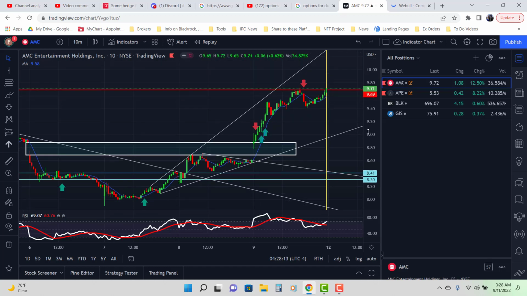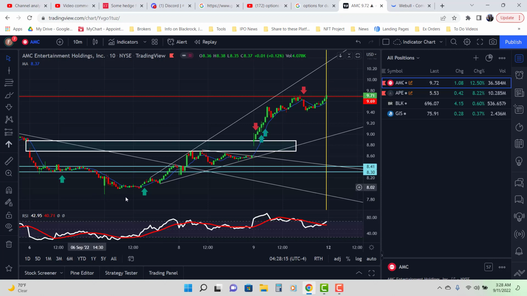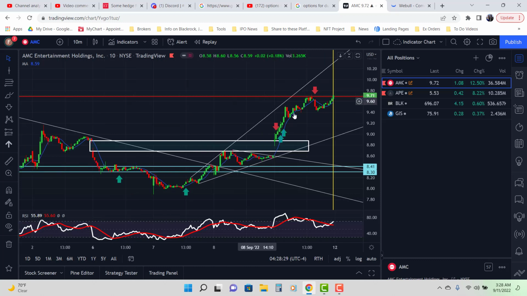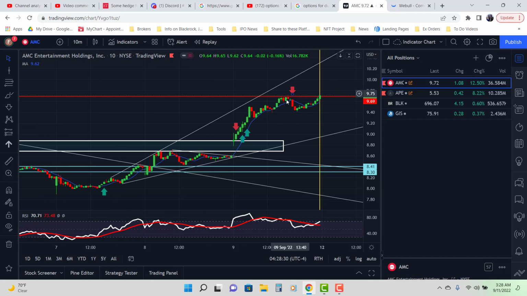So for last week, I had these two options, sold them right here, got back in at a higher strike price, which means it was cheaper, and I was able to ride it on up to where this resistance line was set from the past.